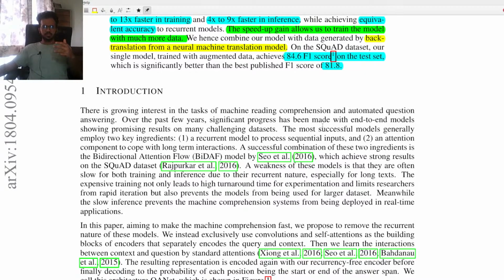Now we see that the most successful models generally employ two key ingredients in solving these problems: a recurrent model to process the sequential inputs, and sometimes an attention component to cope with long-term interactions.